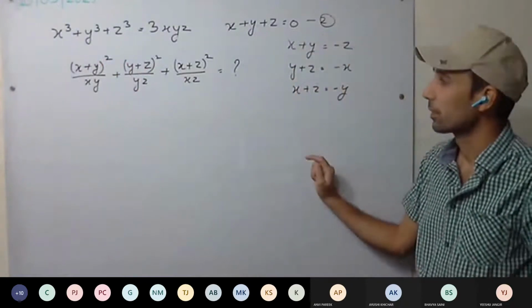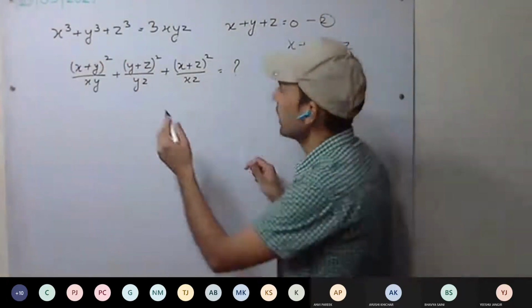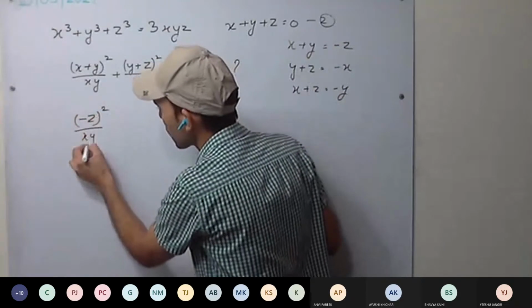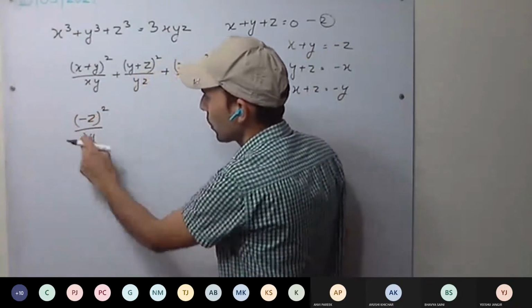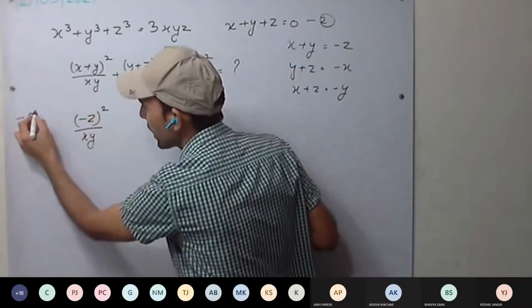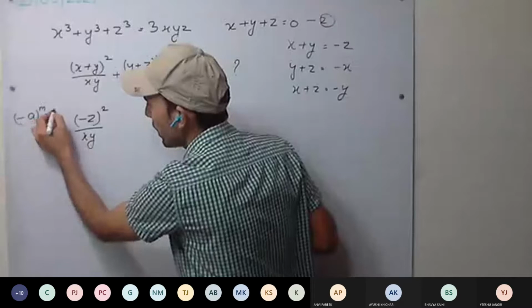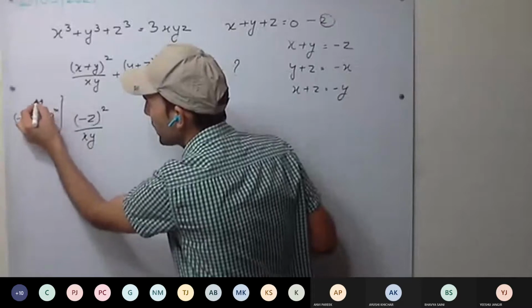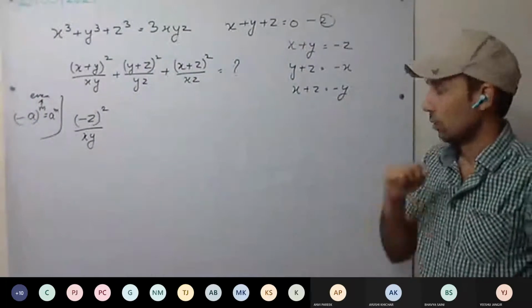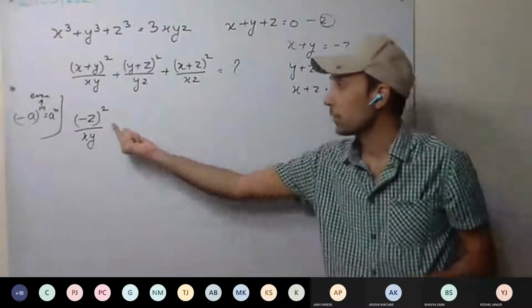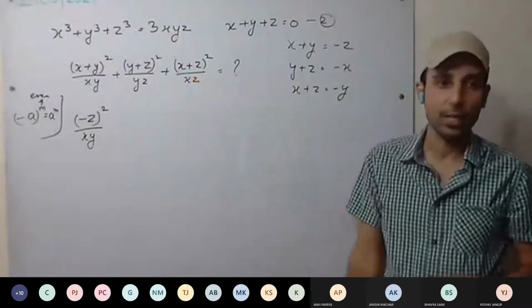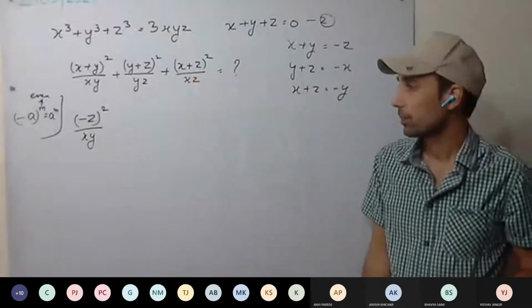The first term: it will be minus z the whole square upon xy, so it will be z square. We have studied that minus a raised to power m equals a raised to power m if m is even. Substitute the values of x plus y, y plus z, x plus z, everyone in your notebook.